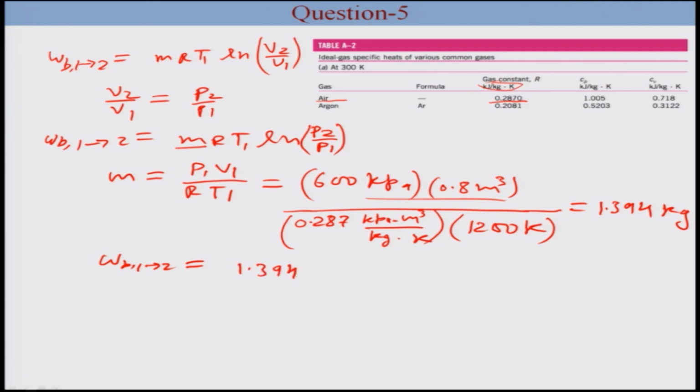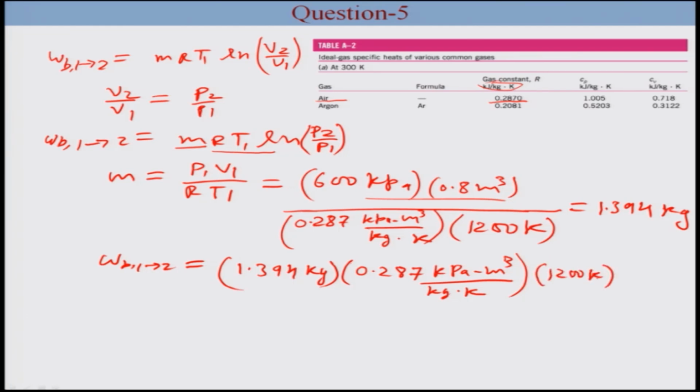1.394 kilogram into R, 0.287 kilopascal meter cube per kg Kelvin, and the initial temperature is 1200 Kelvin, into ln of P2 by P1.